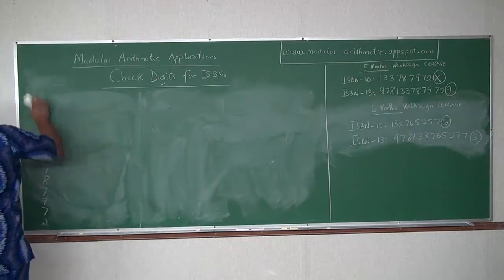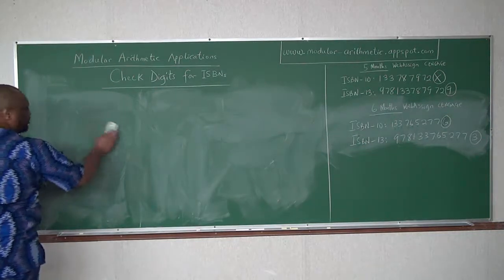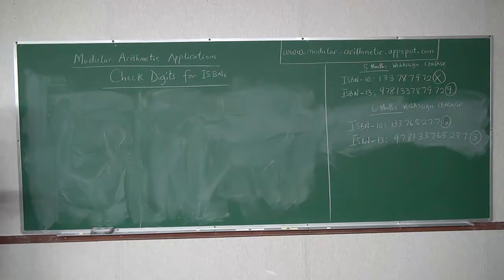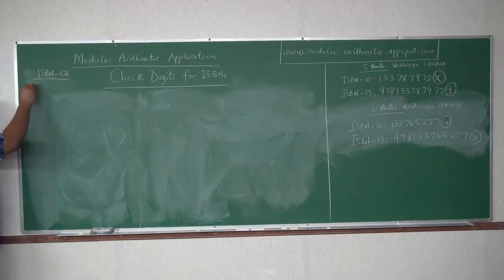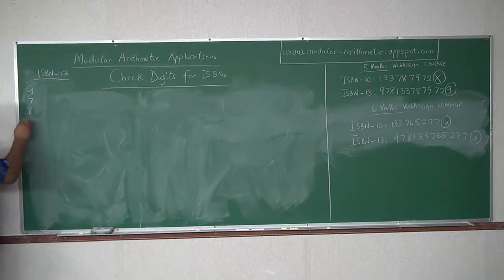Because I want more space so that you see ISBN 13, we have 978, 133, 787972.